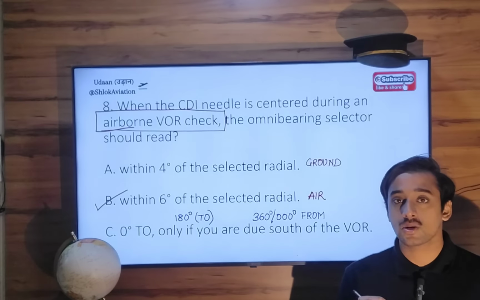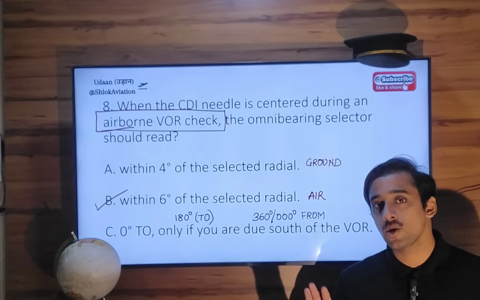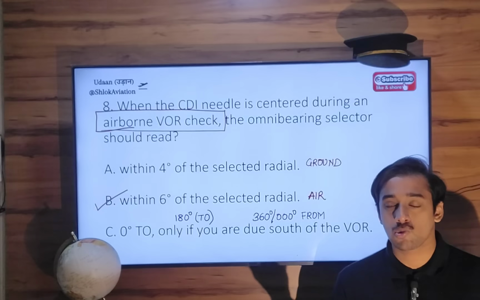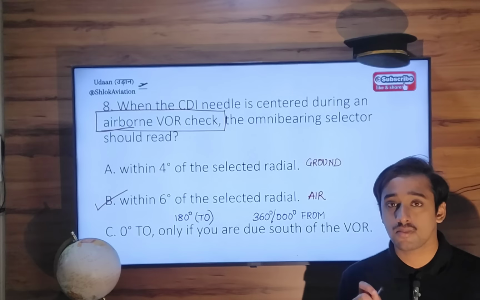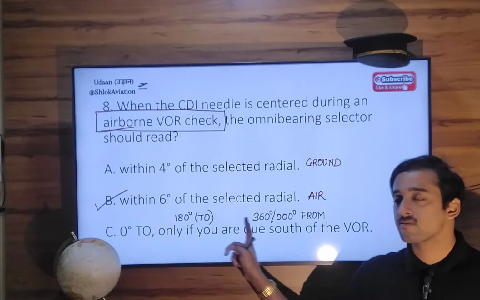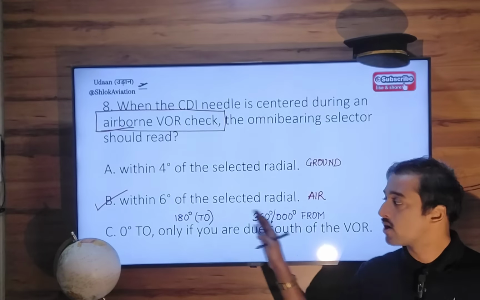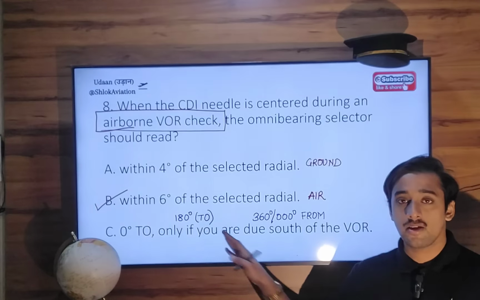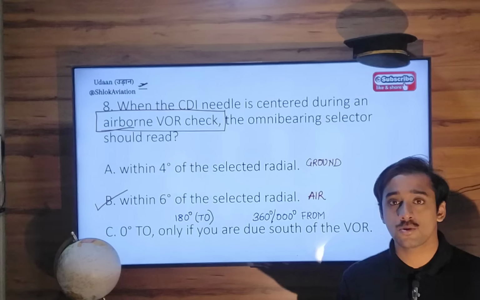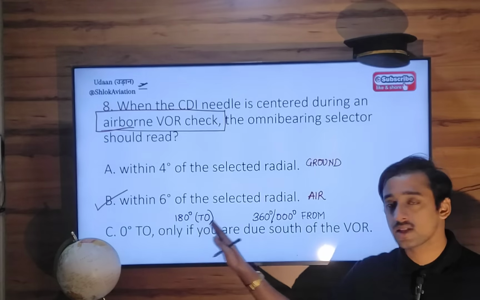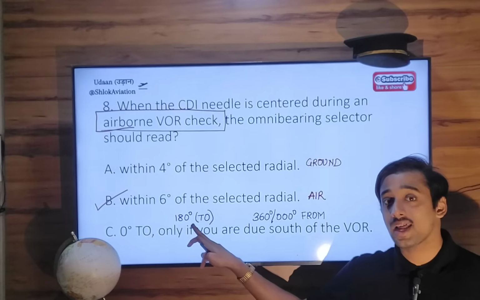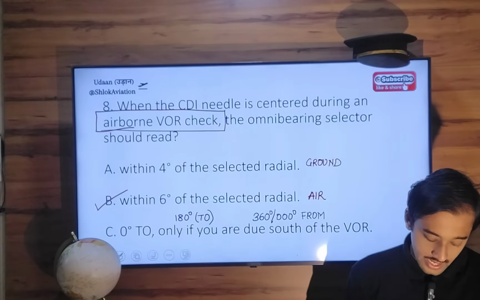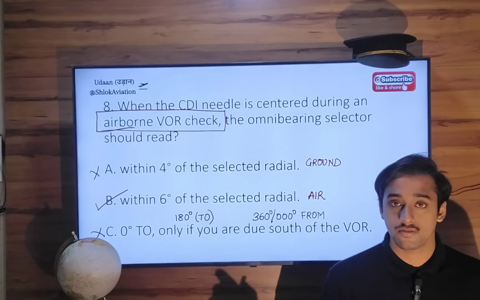So you may be to the north of VOR, to the east, west, south, southeast, southwest, it doesn't matter. Irrespective of your position, the VOT facility must always show either 360 degrees FROM or 180 degrees TO. Okay. So this is wrong. It says 0 degrees TO. It should show 180 TO. So C and A are thus wrong.